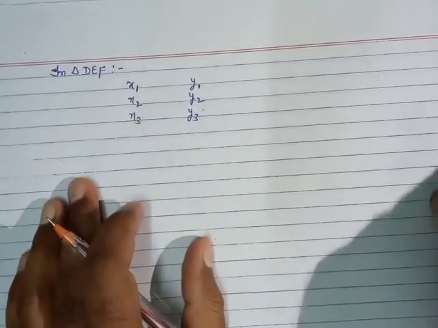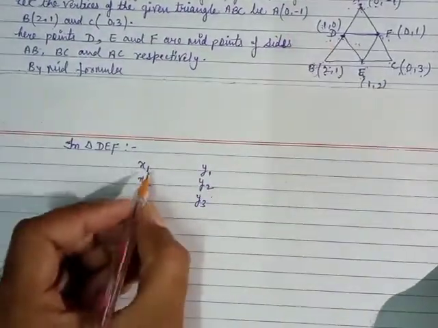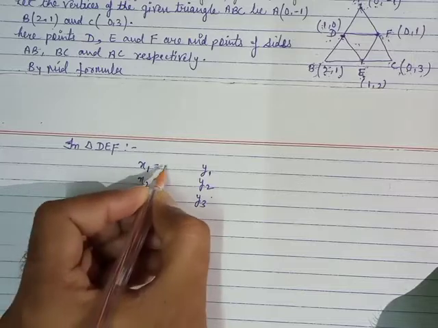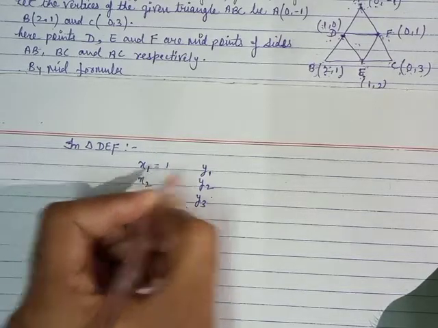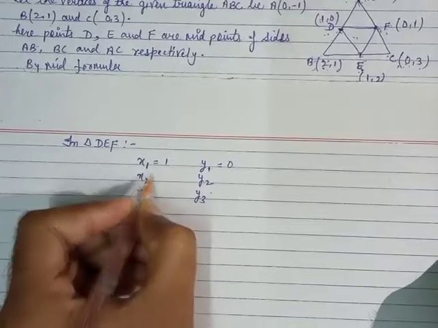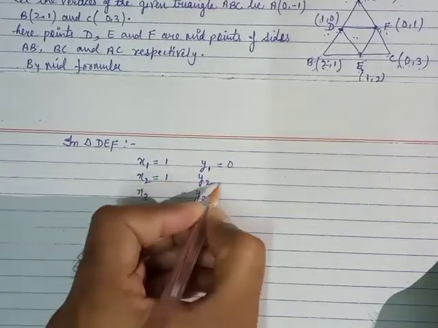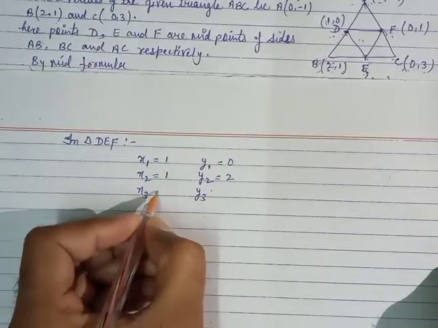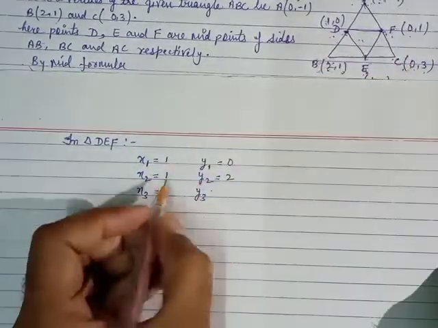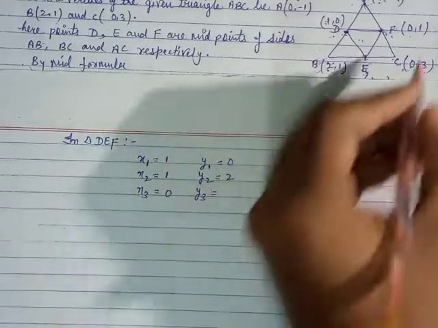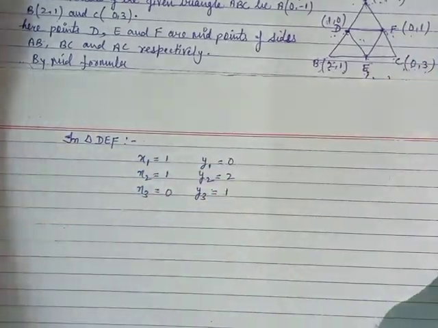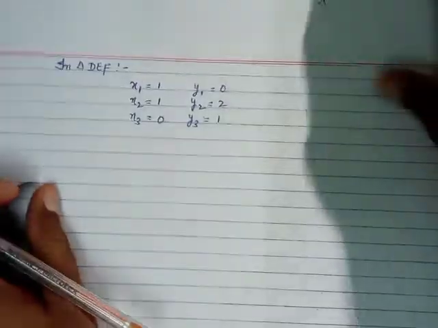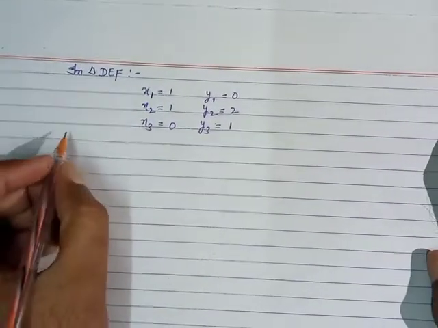Here x1, y1 is the coordinate of D, which is (1, 0). x2 is 1, y2 is 2, x3 is 0 and y3 is 1. Is that clear?